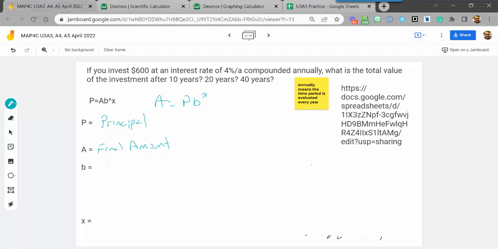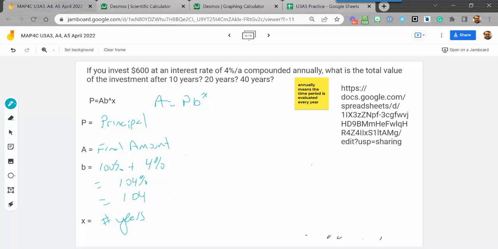So B is going to be, and we're going to change this to an I and an N later on, but for this simple one, 100% plus 4% equals 104%, or 1.04, and X is the number of years. We're going to be changing this into an I and an N later on because we're going to allow for compounding, not just yearly.